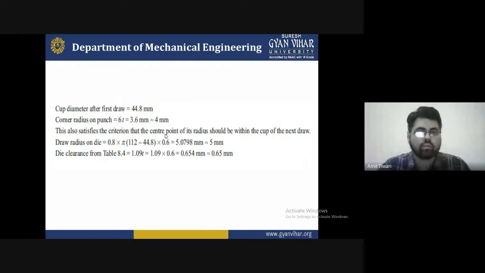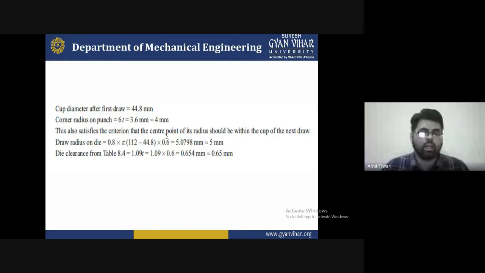This also satisfies the criterion for the next draw. Now the radius of the die is 0.8 times the square root of (112 minus 44.8) multiplied by 0.6, which gives 5.79, about 5. You can consider this.